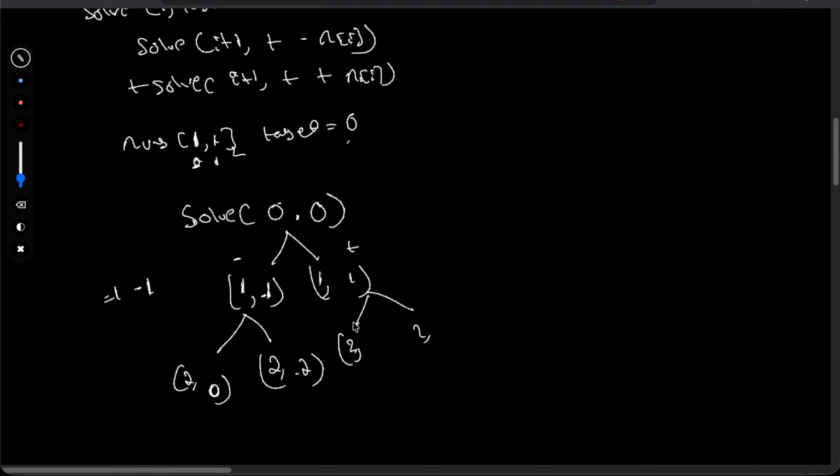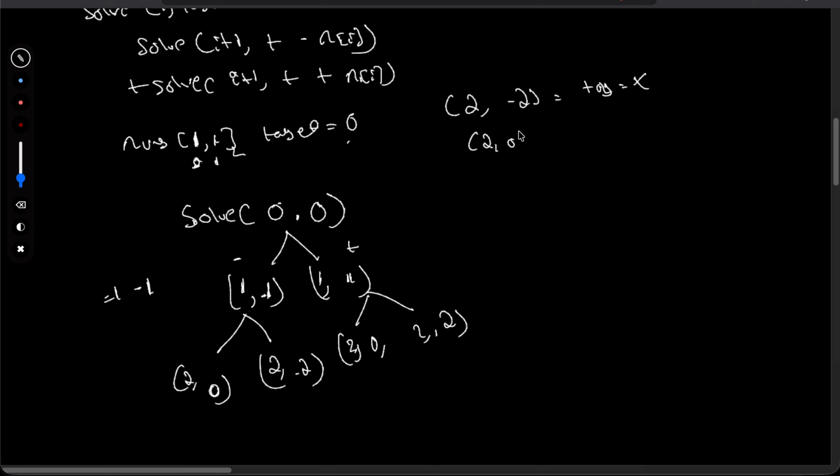And this 2. We have two choices: if we minus, 1 minus 1 is 0 and 1 plus 1 is 2. Okay, 1 minus 1 is 0 and 1 plus 1 is 2. See, 2 is not equal to target, so it is not an answer.